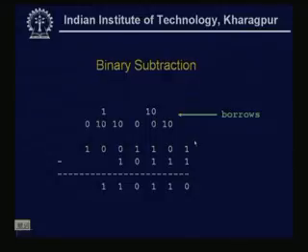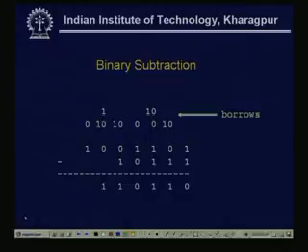Now see, if I write the addition rule, the rules are 0 plus 0 equal to 0, 0 plus 1 equal to 1, 1 plus 0 equal to 1, 1 plus 1 equal to 0, carry 1.